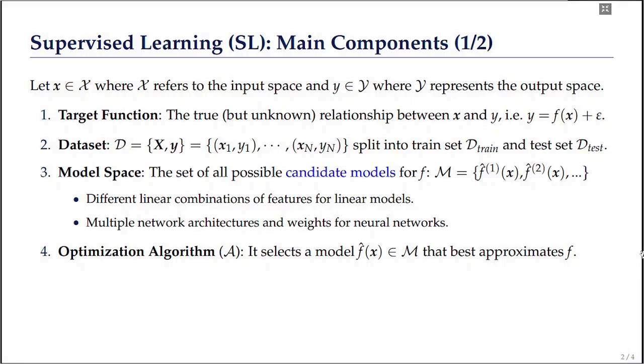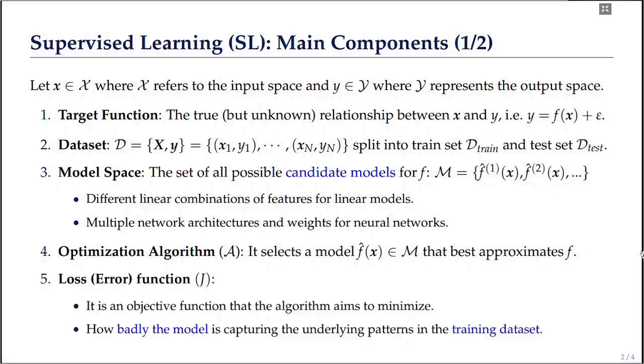And this model f hat of x is selected from the model space M subject to minimizing a function called the loss or error function. So this loss or error function is an objective function that the optimization algorithm aims to minimize. Specifically, the loss or error function represents how badly the model is capturing the underlying patterns in the training dataset.